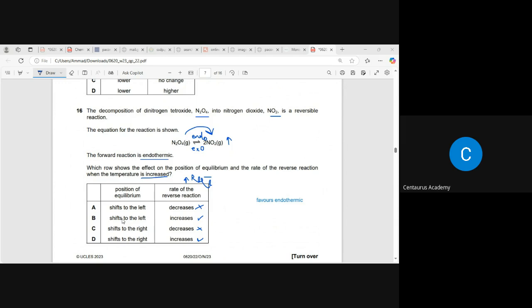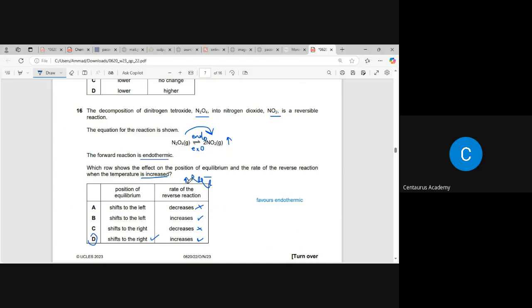Zoya, you were saying D for this one. Yes, so D is going to be the right answer.